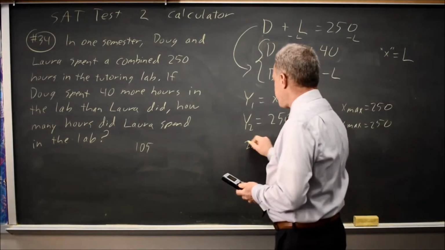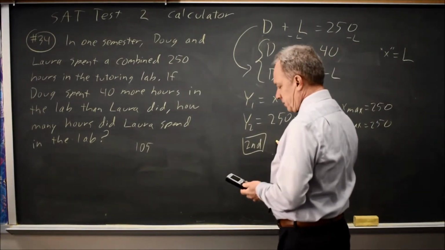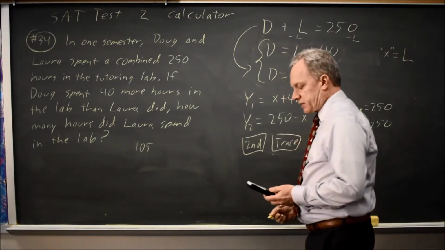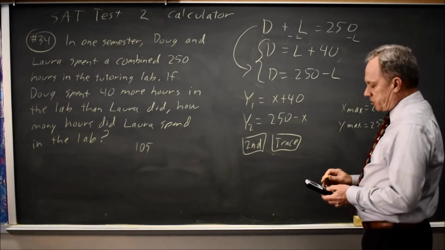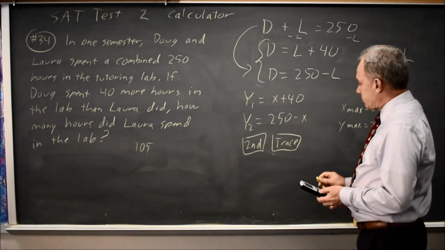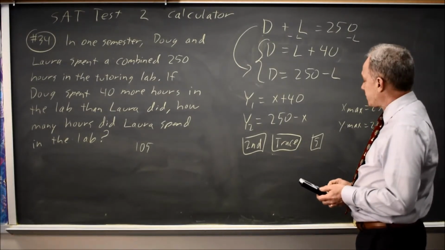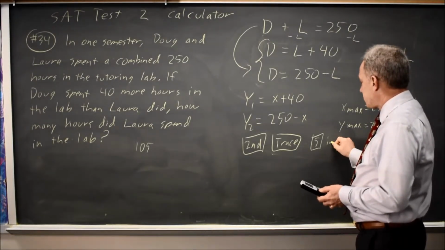Second key, and then the trace key, second trace is calculate, and then I'm going to use option 5, which is either hit the key for 5 or scroll down and hit enter, and that's intersect.